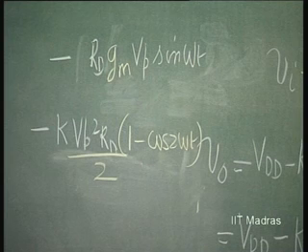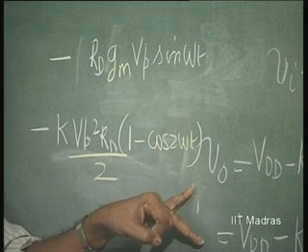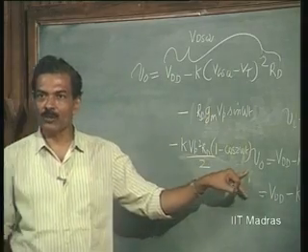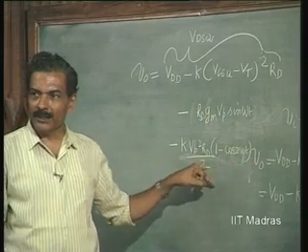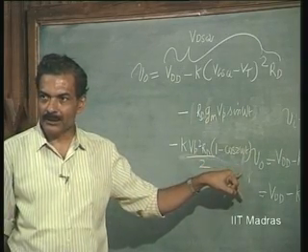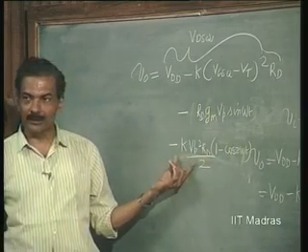So, you can see that this nonlinear term is contributing to a second harmonic distortion. Predominantly in a field effect transistor circuit, you do not have other higher harmonics, but predominantly second harmonic components which are present, causing distortion.